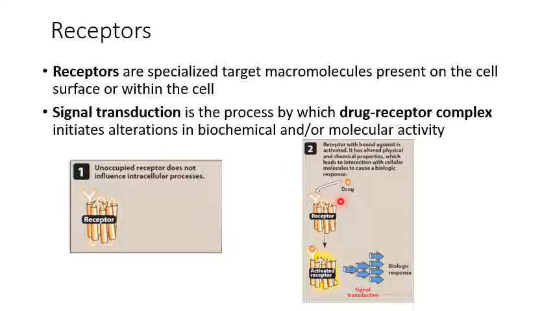If the receptor is occupied by an agonist drug, this can produce a conformational change, activating the receptor, which will cause subsequent biological processes. This is called signal transduction.